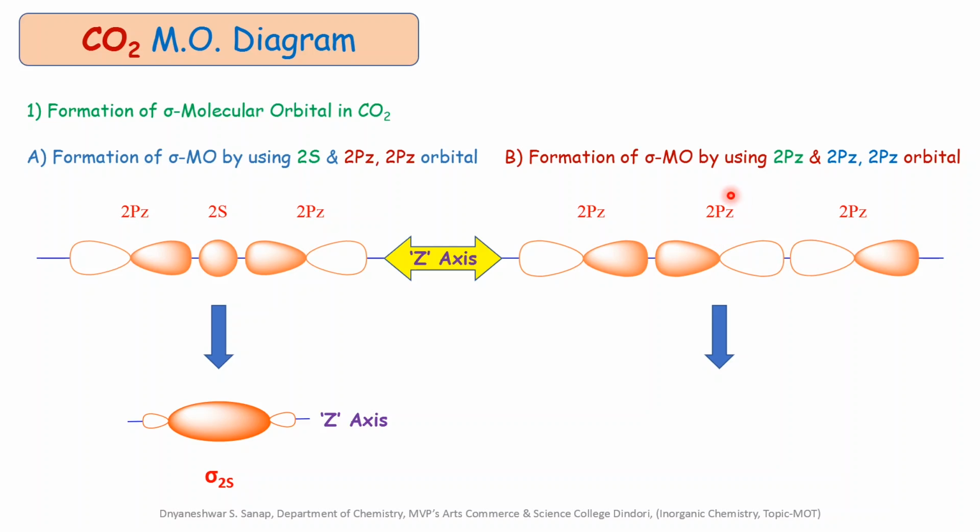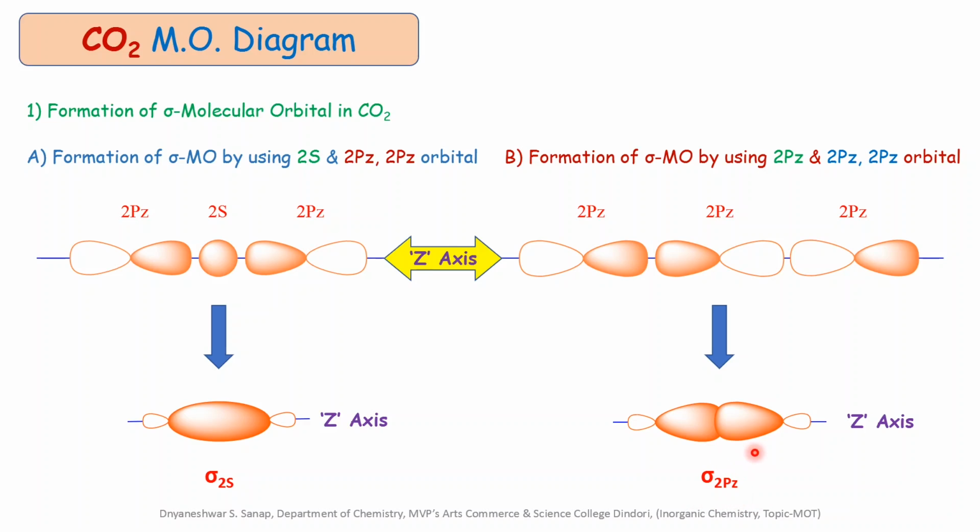That means the 2pz atomic orbital of the carbon atom combines with one oxygen atom using the positive wave function and with the other oxygen atom using the negative wave function, resulting in maximum bonding overlap and the formation of a bonding molecular orbital along the z-axis, denoted by sigma 2pz bonding molecular orbital.